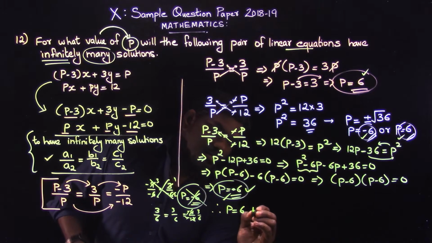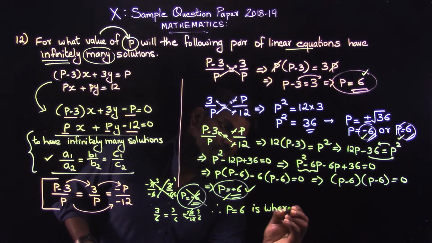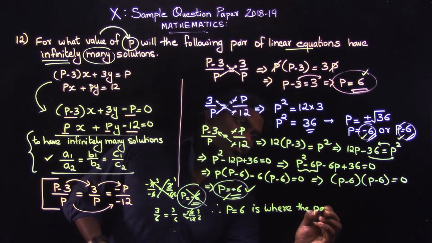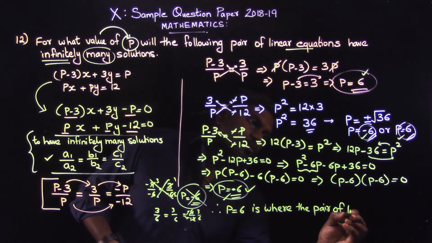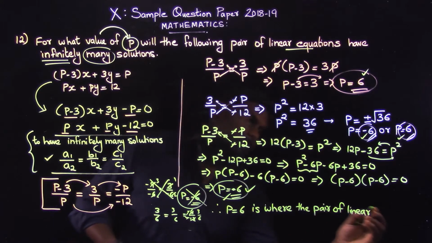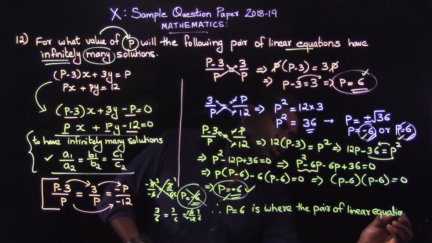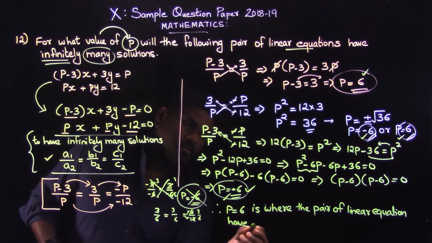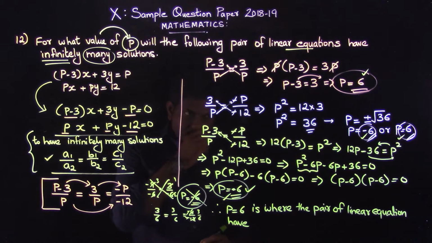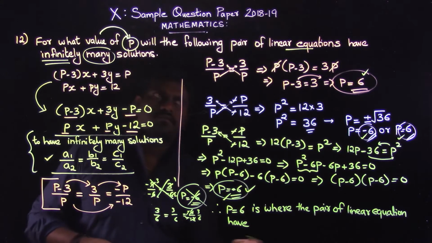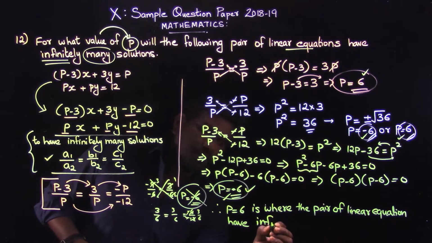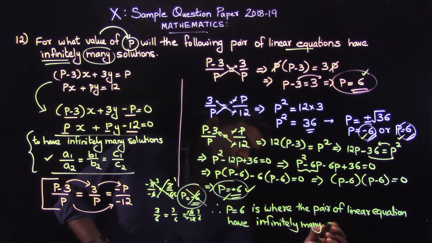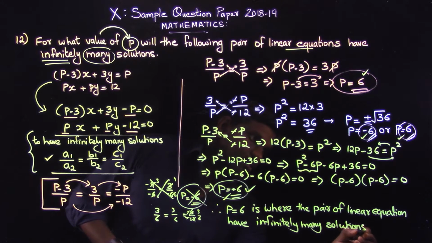p is equal to 6 is where the pair of linear equations have infinitely many solutions.